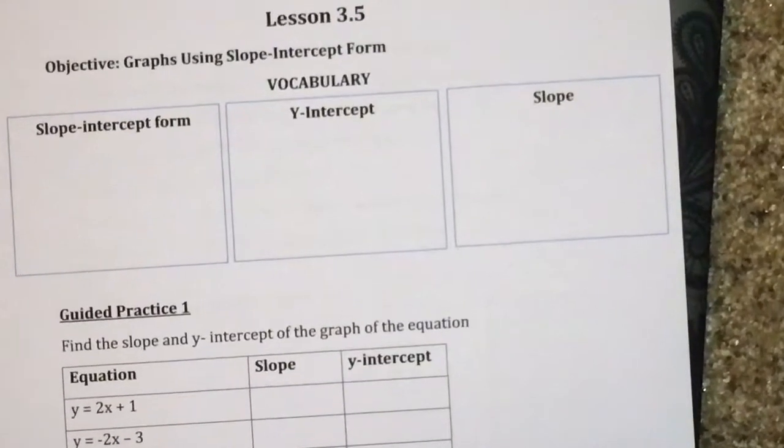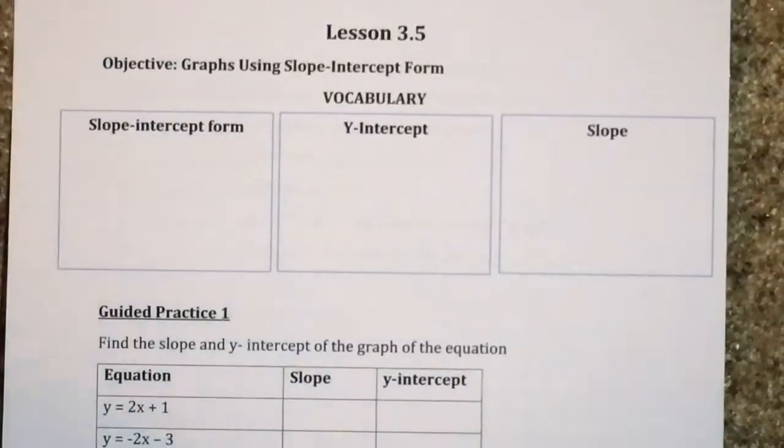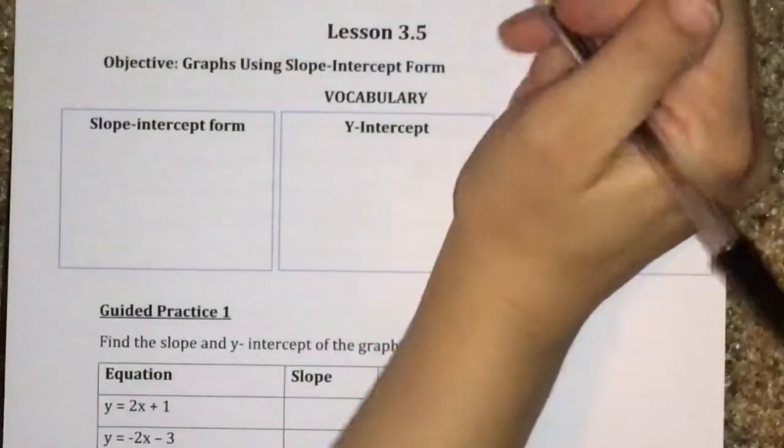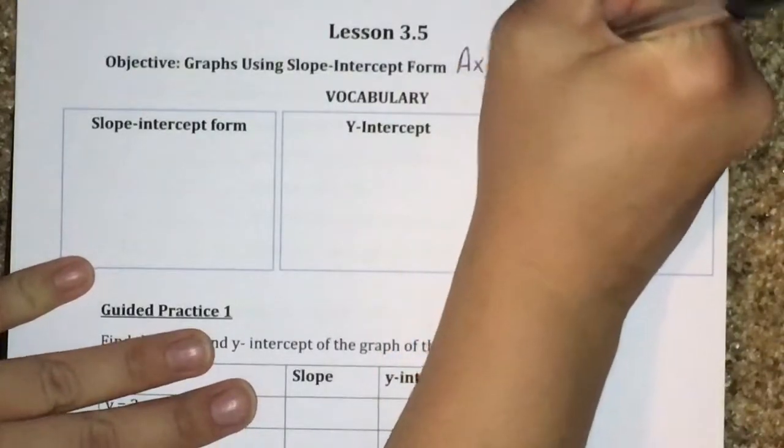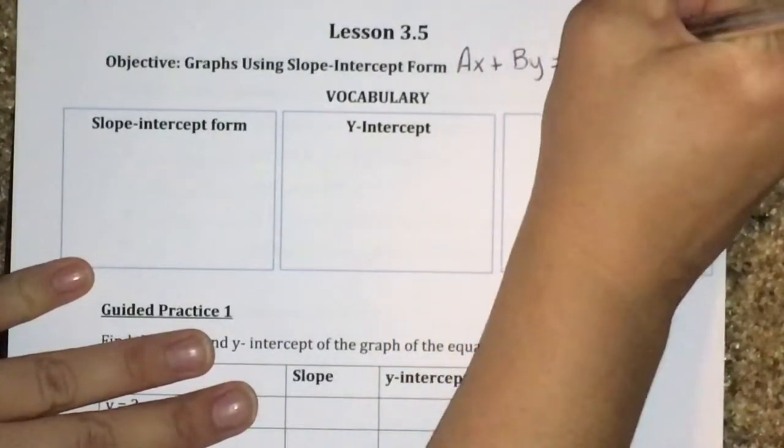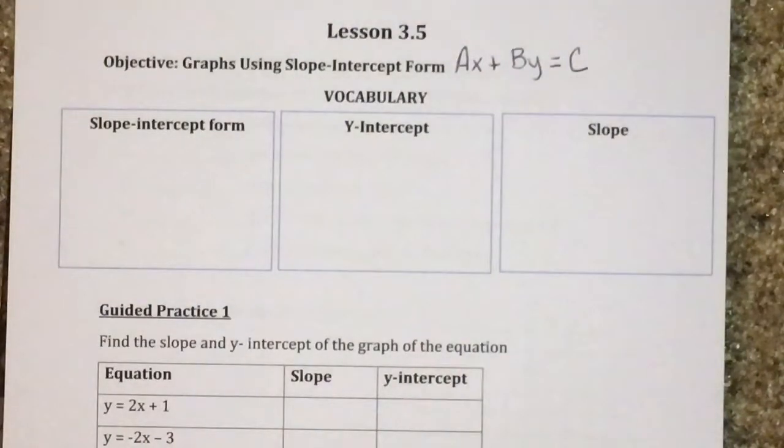Okay, moving on to lesson 3.5, slope-intercept form and graphing using slope-intercept form. Remember, most linear equations come in the form of ax plus by equals c.